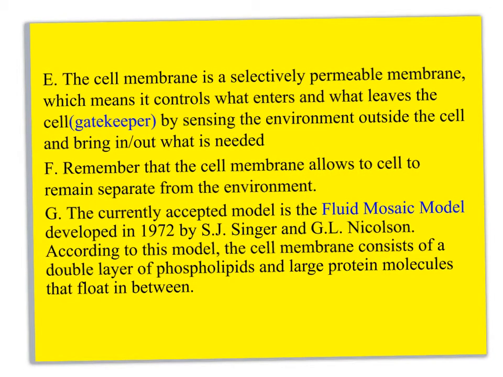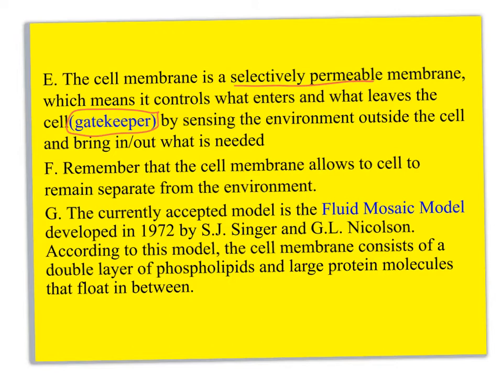So the cell membrane, again, is selectively permeable, and this should be a refresher based on the previous PowerPoint. So what that means is it selects what enters and leaves the cell. So it's like a gatekeeper. And how it does that is it senses what the environment is like outside the cell versus inside of the cell, and it balances things out. The cell's very smart.